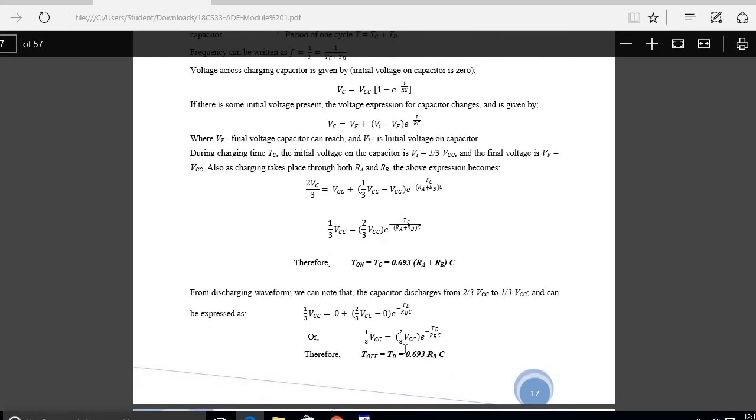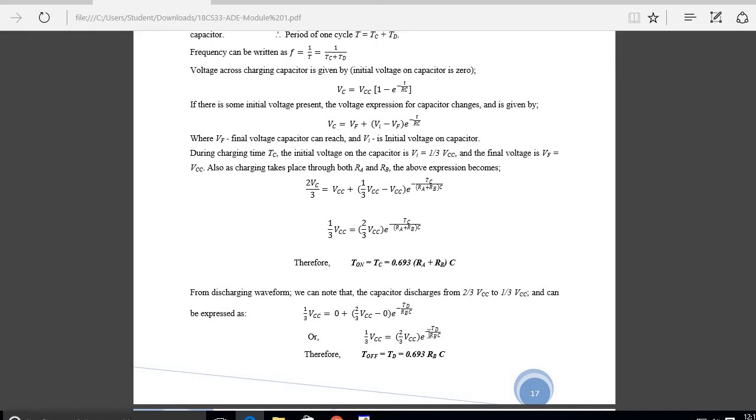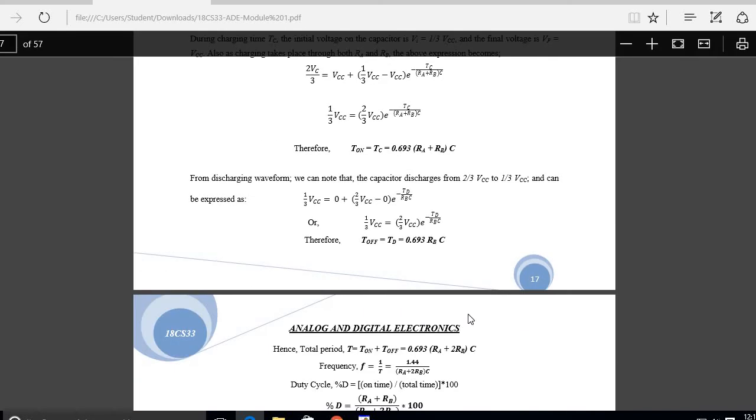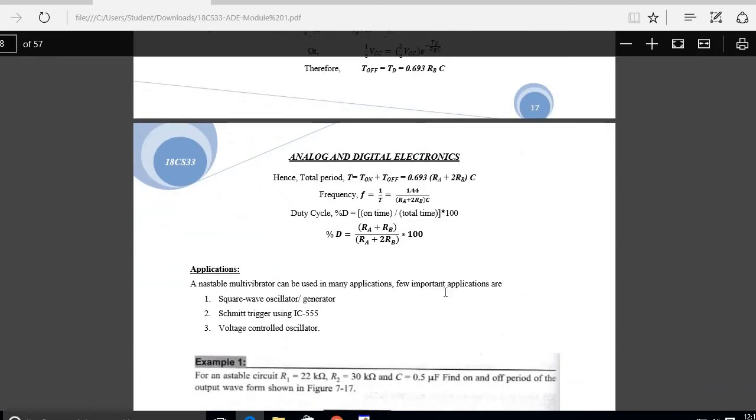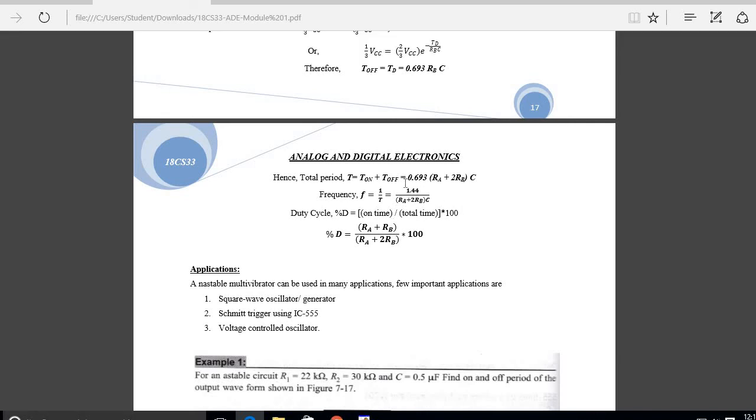This is enough for writing the answers in the examination. These three expressions, the circuit diagram and the explanation of its working are required. And just skip the rest, but if it is asked in the problem part, you have to remember these formulas.